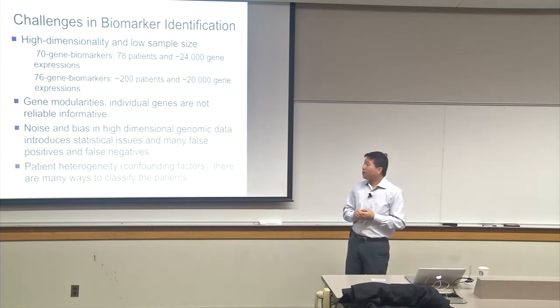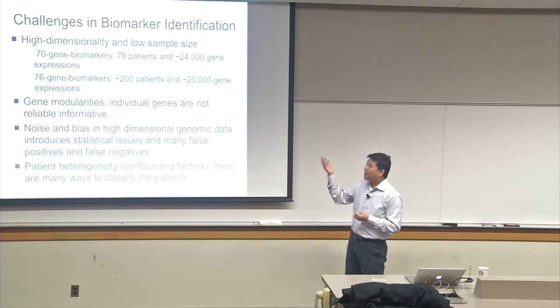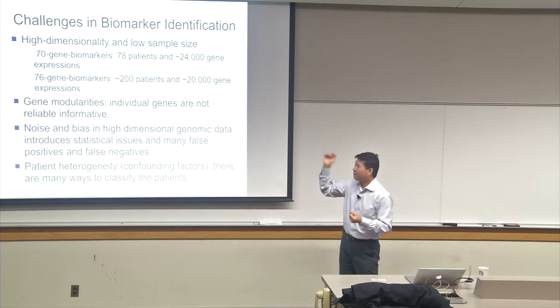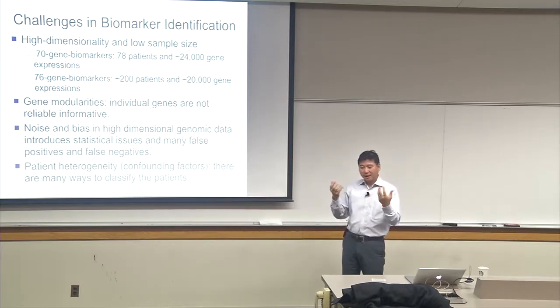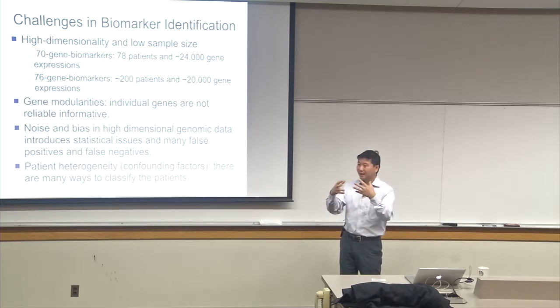So when I say that individual genes are not reliable and informative, it's also because sometimes it's a collective activity that gives you the signal, rather than whether one gene is active or not.